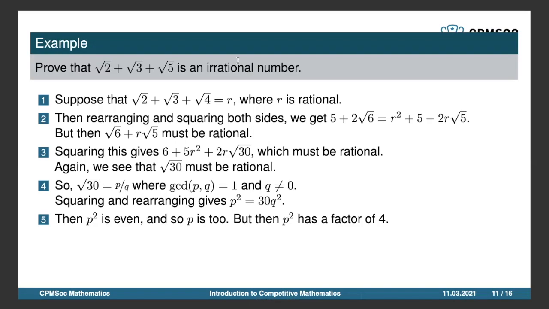So what we see is 30 is even, so P squared has to be even, and this forces P to be even. So since P is even, when you square P, you'll get 2 factors of 2, so P squared has to be divisible by 4.